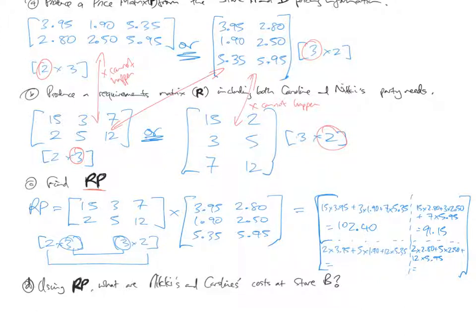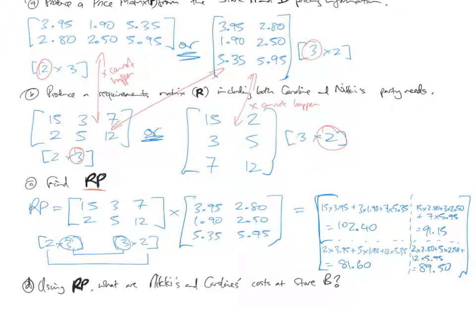Third matrix multiplication, 2 lots of 3.95 plus 5 lots of 1.90 plus 12 lots of 5.35, 81.60. And the last matrix multiplication, 2 by 2.8 plus 5 by 2.5 plus 12 times 5.95, 89.50.